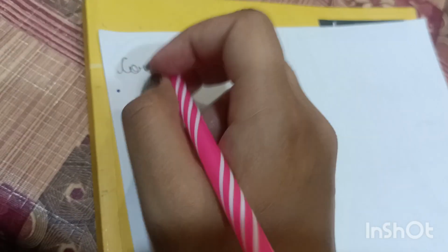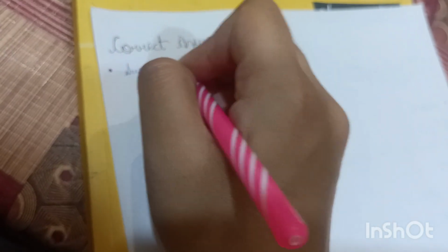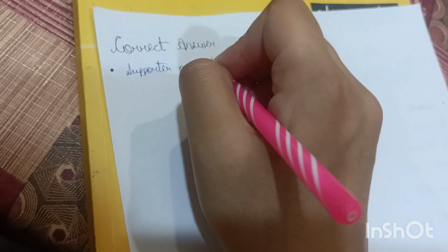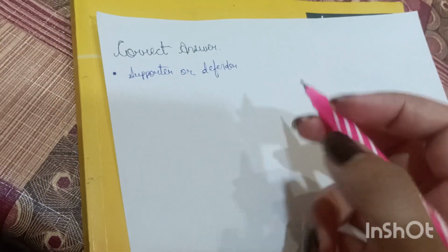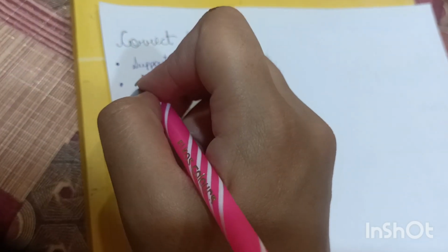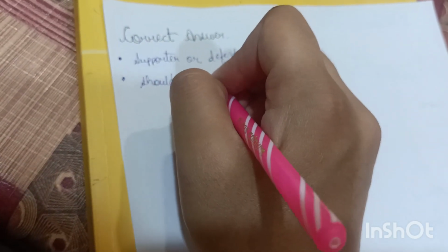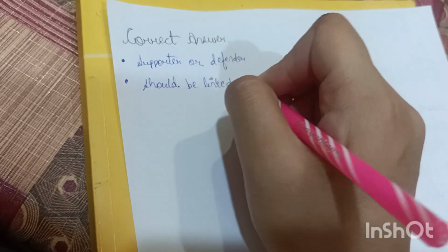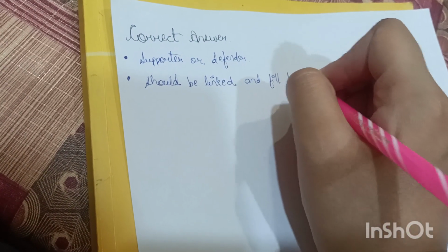So there are some key pointers to identify the correct answer. The first one is supporter or defender. First you can write all the pointers, then I will explain to you. Then the second one is it should be linked and fill the logical gap.